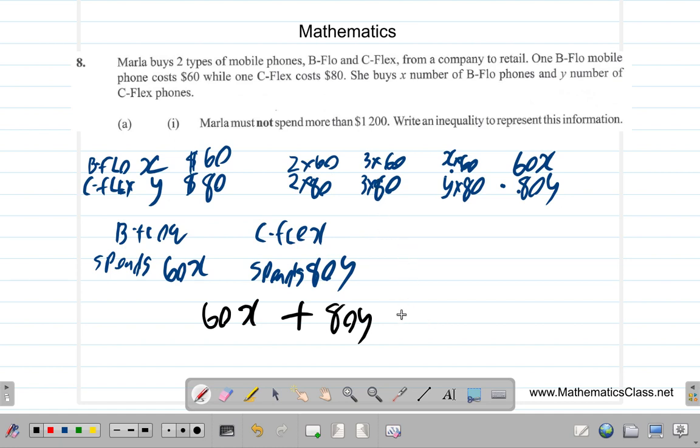So it can be equal to 1,200, or it can be less than that. So this money must be less than or equal to 1,200. That is the inequality. Let me write it up here: 60x plus 80y less than or equal to 1,200. Make sure you see that.